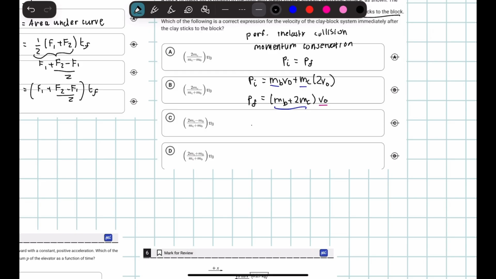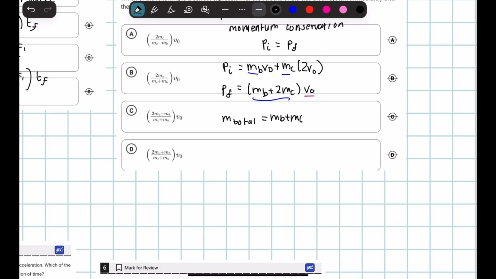So the combined mass is going to be MB plus MC, and we can write P final is equal to (MB plus MC) times vf.